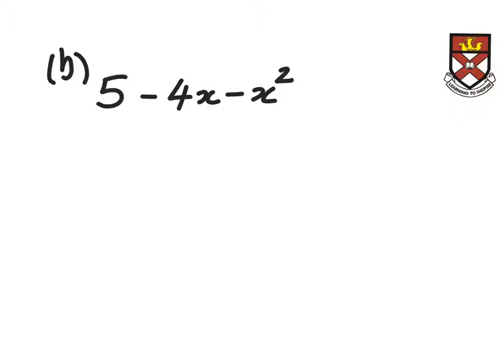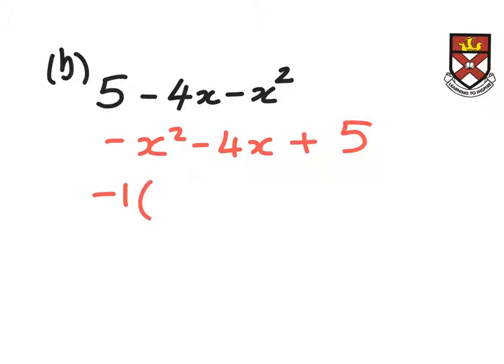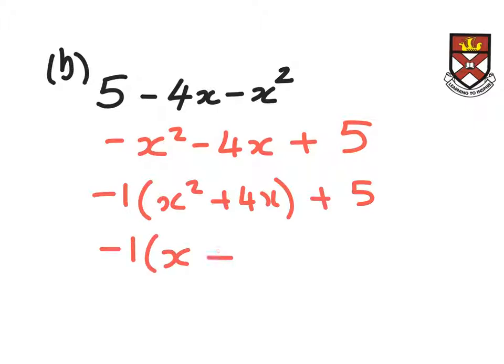Now you're asked to complete the square on that. So I'm going to complete the square on mine, and then you can adapt my answer for the question that you've got. First thing I'm going to do is rewrite it as minus x squared minus 4x add 5. So just swap it around. Then I'm going to take negative 1 as a common factor. x squared plus 4x plus 5. Then I'm going to rewrite that as x plus 2 squared.